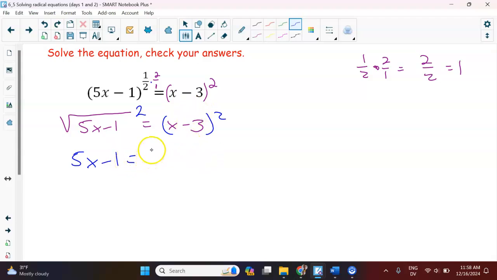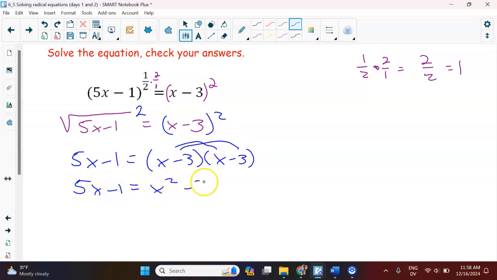And then on the other side, again, we've got to FOIL this. So we've got to take x minus 3 times another x minus 3 and FOIL away. So we get x squared minus 3x, another minus 3x, and a plus 9. Combine our like terms in the middle there, so negative 6x.